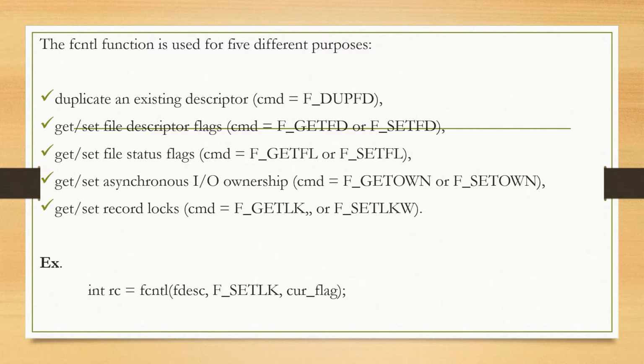For example, write rc is equal to fcntl, then write file descriptor, F_SETFD, comma, cursor is equal to flag.